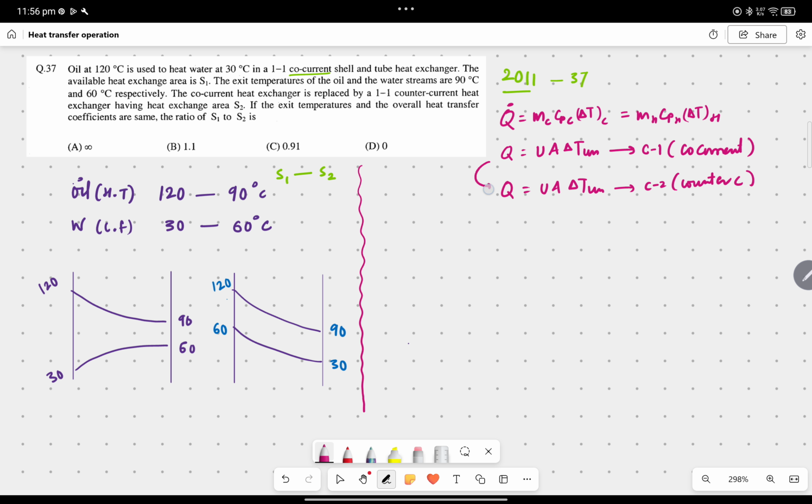And then the heat transfer Q that is happening is the same, as specified in this question. That means these two equations can be equated, right?